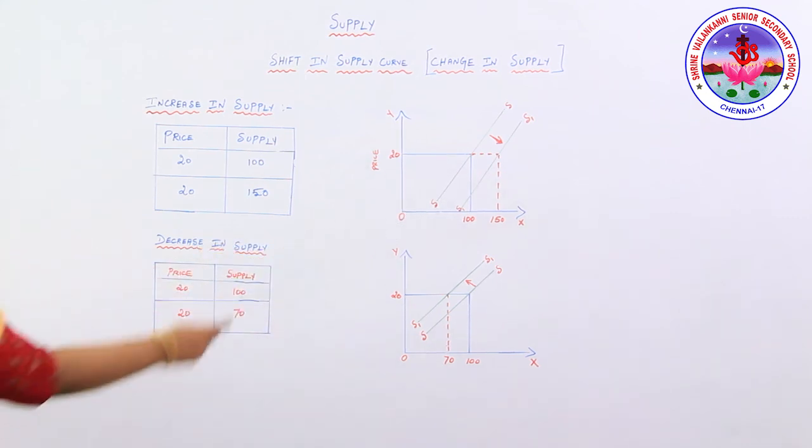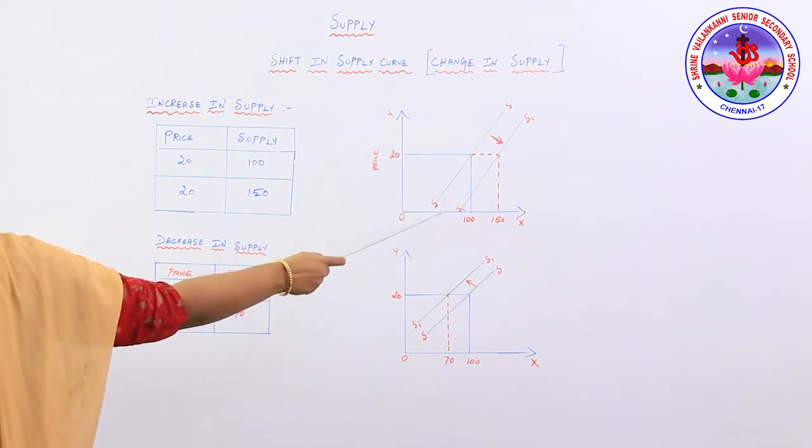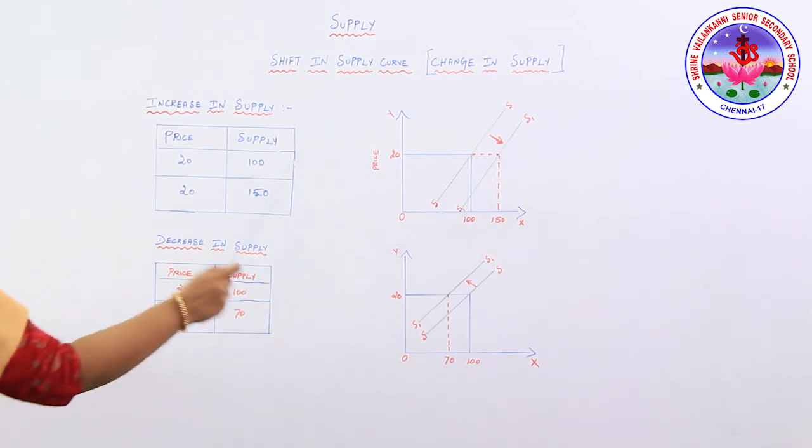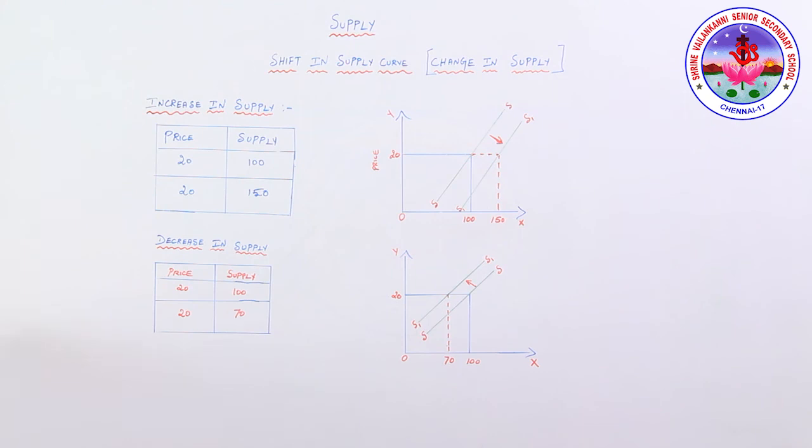Because the price is constant, the quantity supplied alone shifts from 100 to 150 units. That's a rightward shift, and we are calling it an increase in supply.